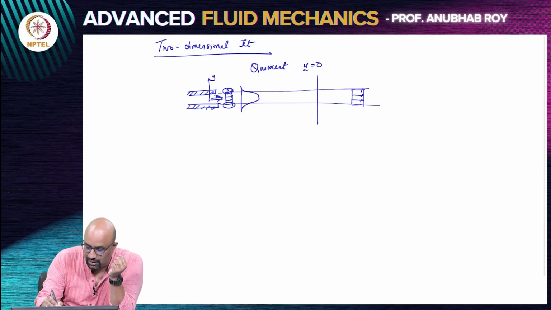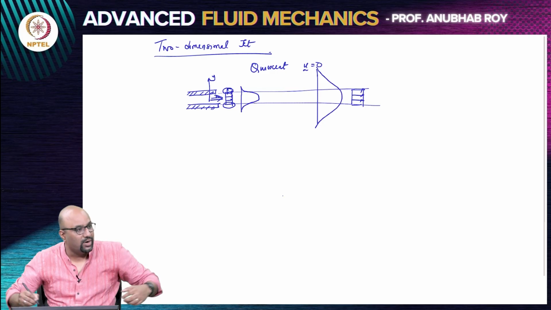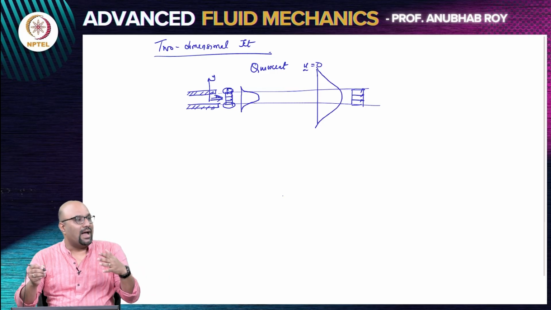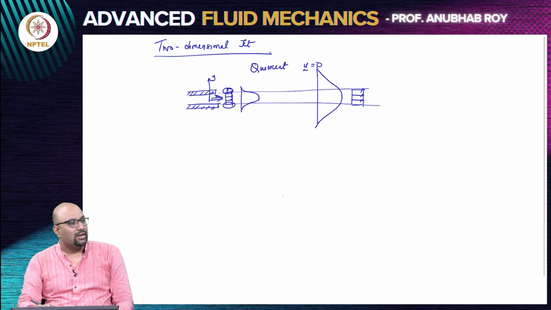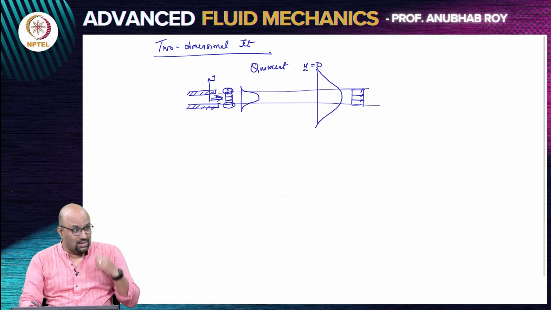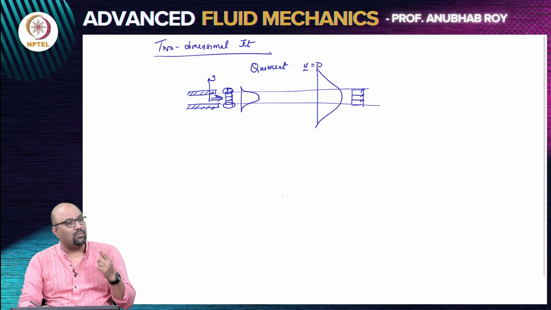And if you go further downstream, now you are probably going to start anticipating what's going to happen. That it is going to entrain and make the surrounding fluid get more agitated. The surrounding fluid was completely quiescent. This is again coming back to what I was mentioning about the role viscosity plays. If there was no viscosity, there is no way that the surrounding fluid will be set into motion.